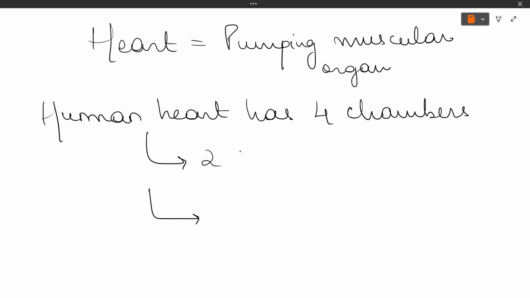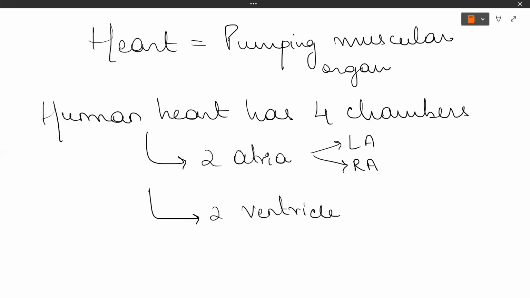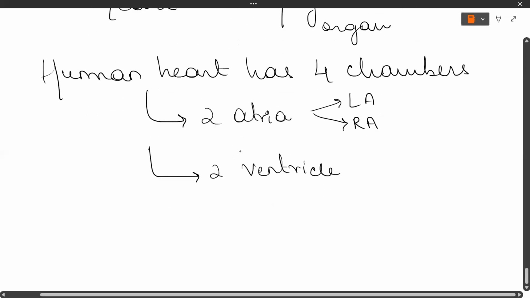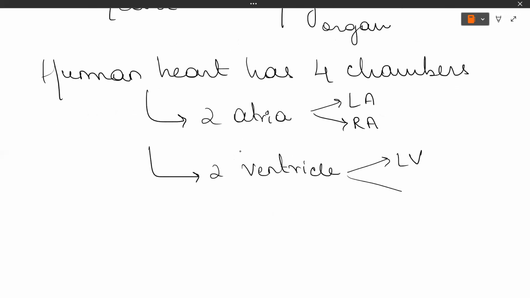So there are two atria and two ventricles. In the atria, we have the left atrium and the right atrium, or auricle. Auricle and atria are the same thing. In the ventricles also we have the left ventricle and the right ventricle. Very correct. So this is how the human heart is four-chambered.